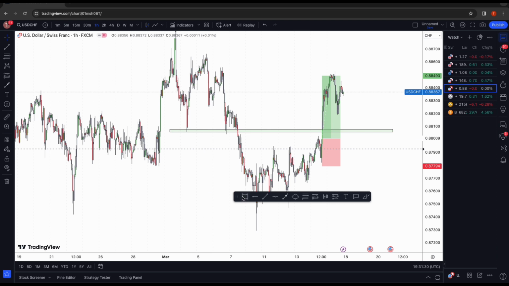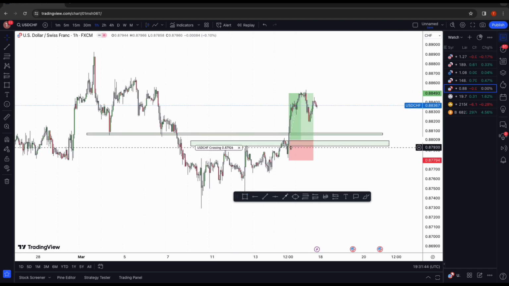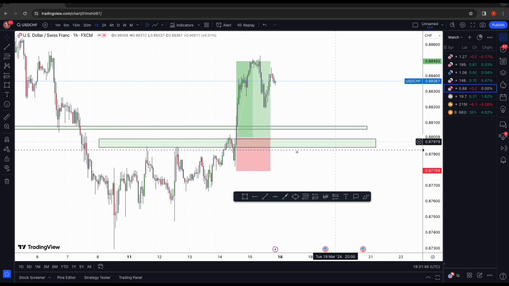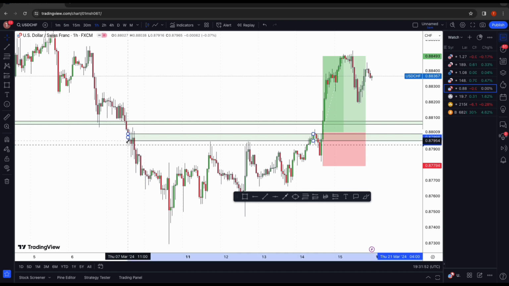So I saw price was here. And I saw that the market painted this sort of picture here, so I could try it like that.